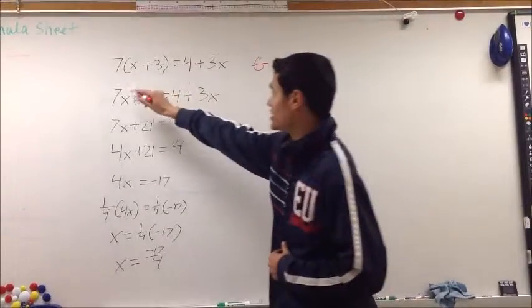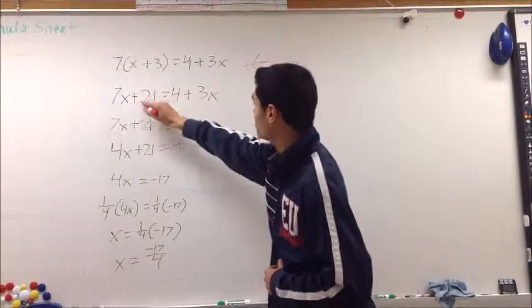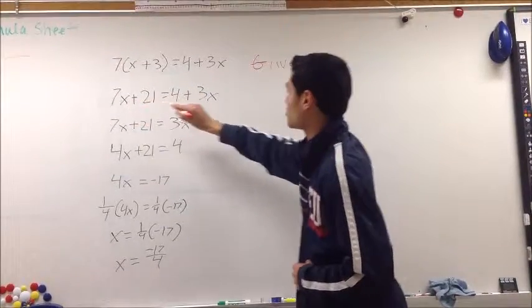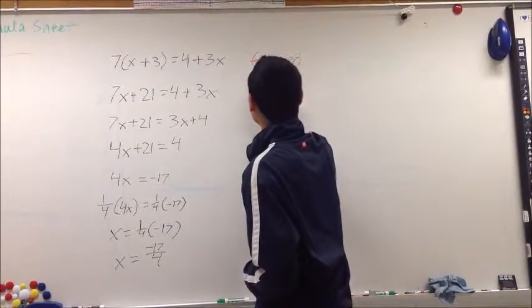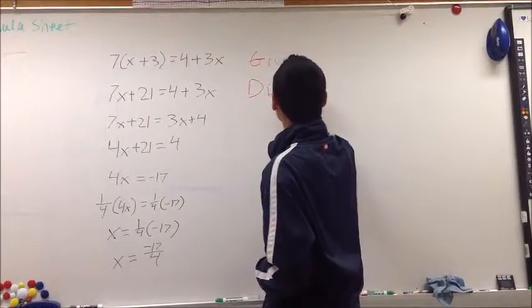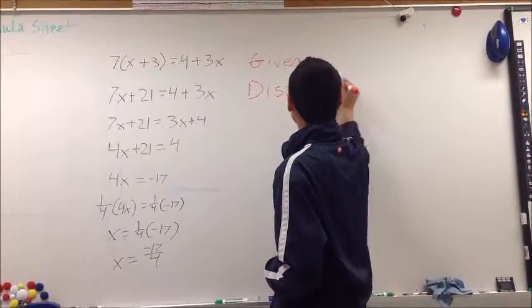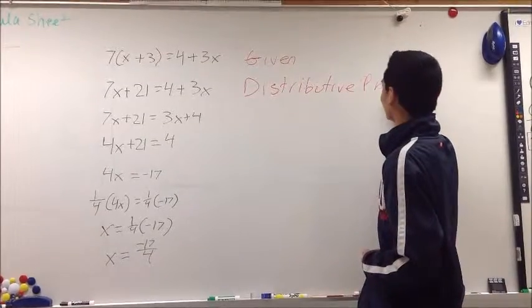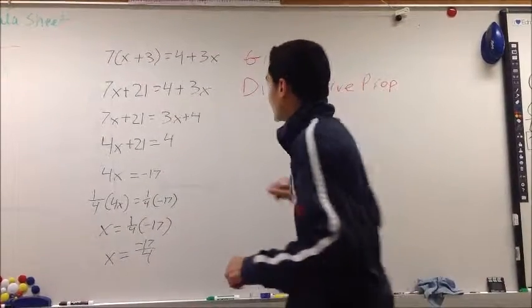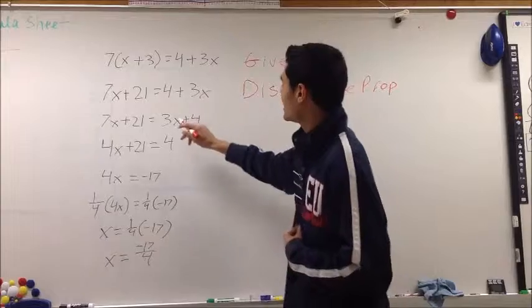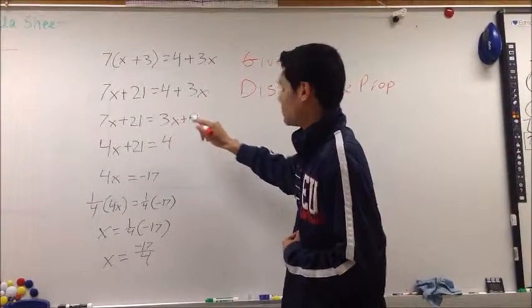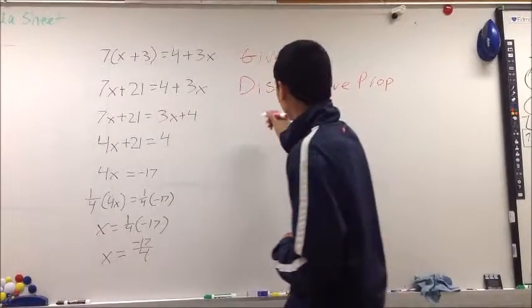Now, it seems like we have to distribute the 7 to both of the x and the 3, which makes 7x plus 21. That is the distributive property. Now, the next step, we see that the 4 plus 3x has switched. So that would mean that it would be the commutative property.